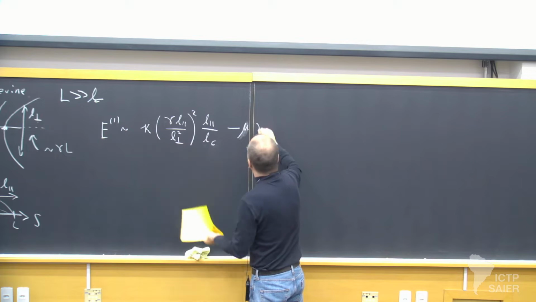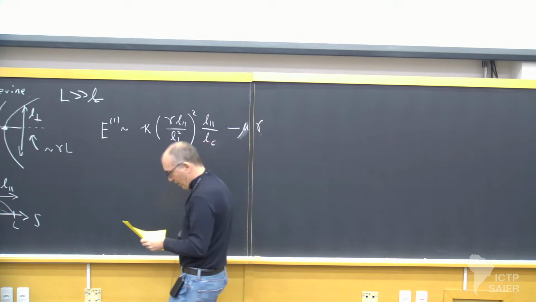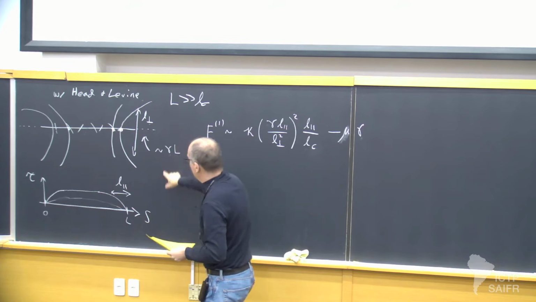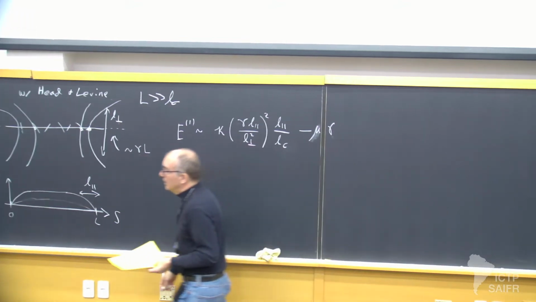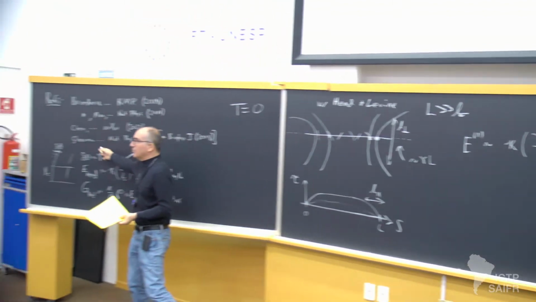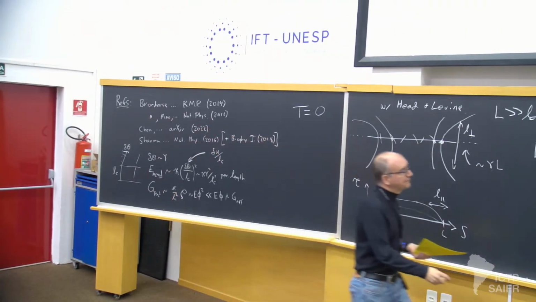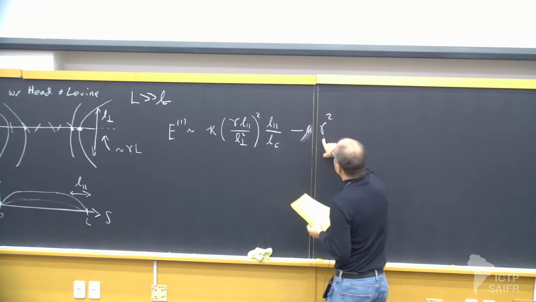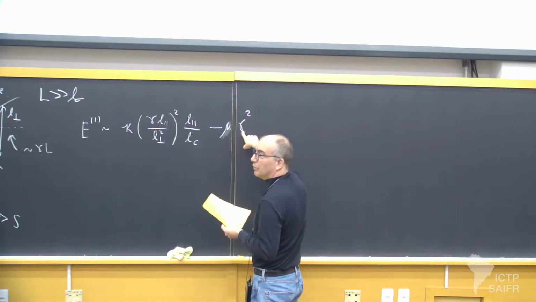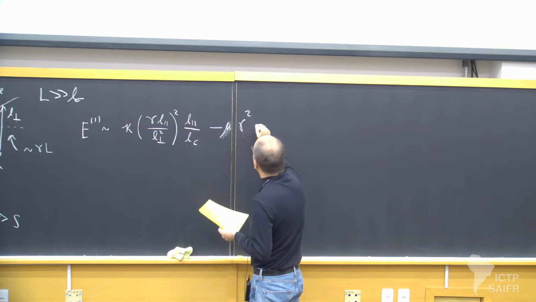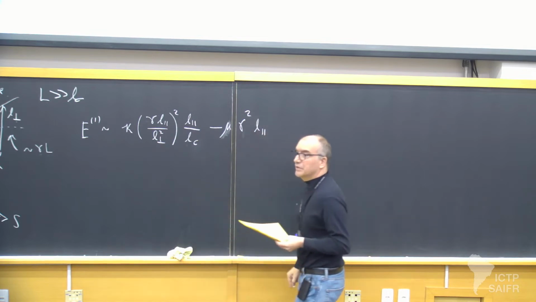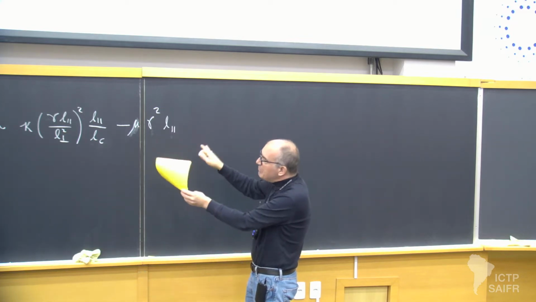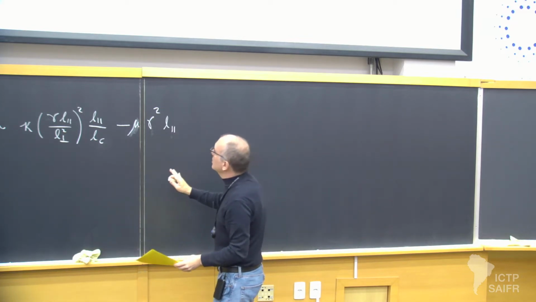I strain that part of the fiber by gamma. So again, these displacements are all going to be controlled by the amount of strain I impose. So for the energy, that'll be gamma squared. So that's a one-dimensional energy per unit length. But of course, the segment that is strained is of length L parallel. Okay? So now if I balance these two energies, I think you can see what's going to go on.